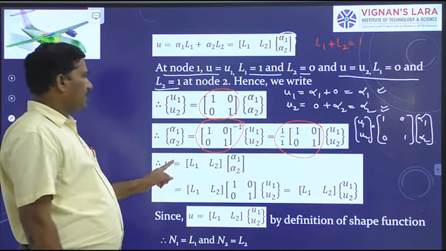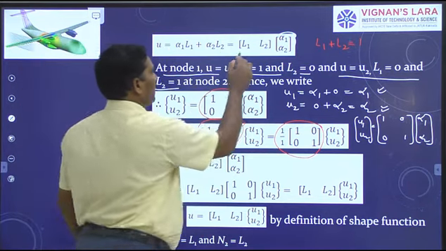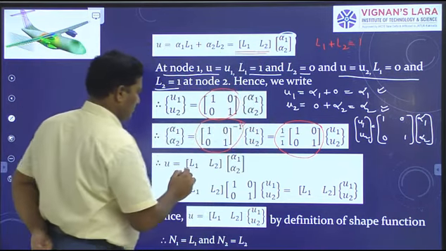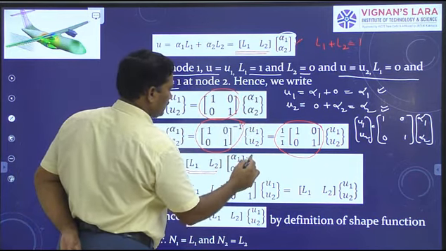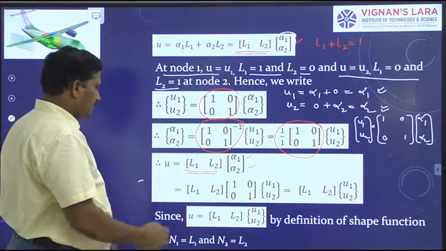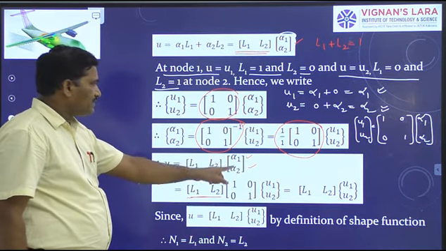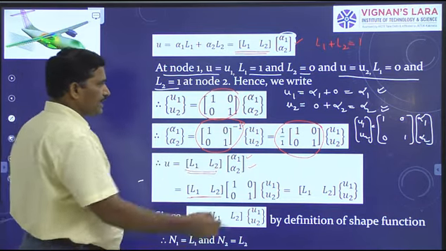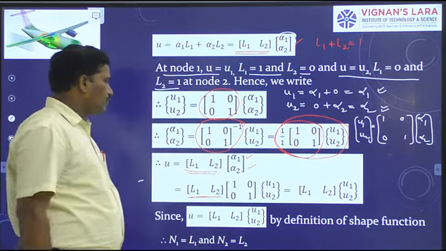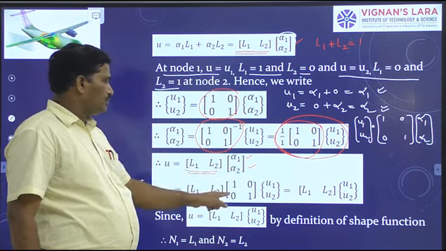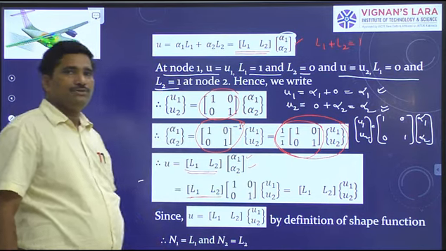Now, U equals, again come here, a row matrix having the elements L1 and L2 into a column matrix having the elements alpha 1 and alpha 2. Hence, U equals a row matrix having L1 and L2, and in place of this column matrix you can write this: a 2 by 2 matrix having the elements 1, 0, 0, 1 into a column matrix having the elements U1 and U2.